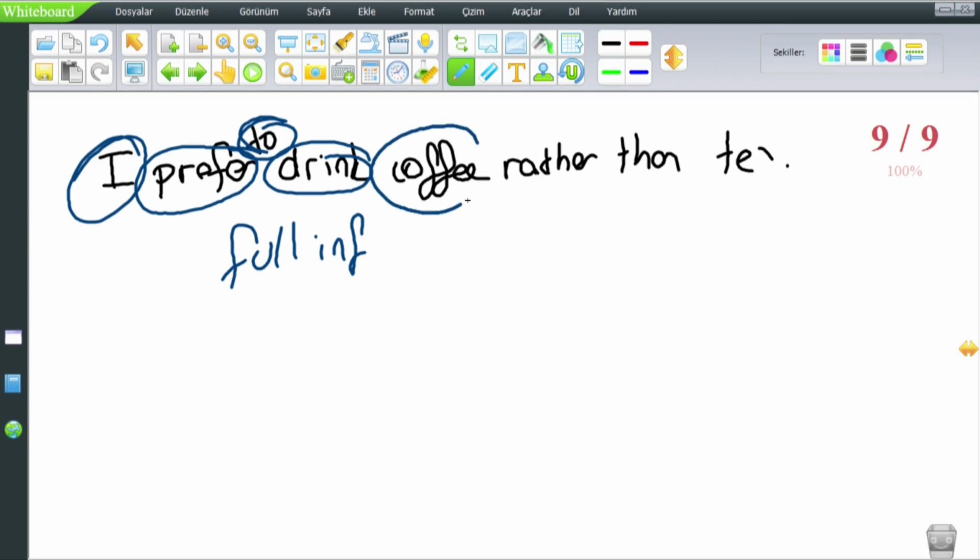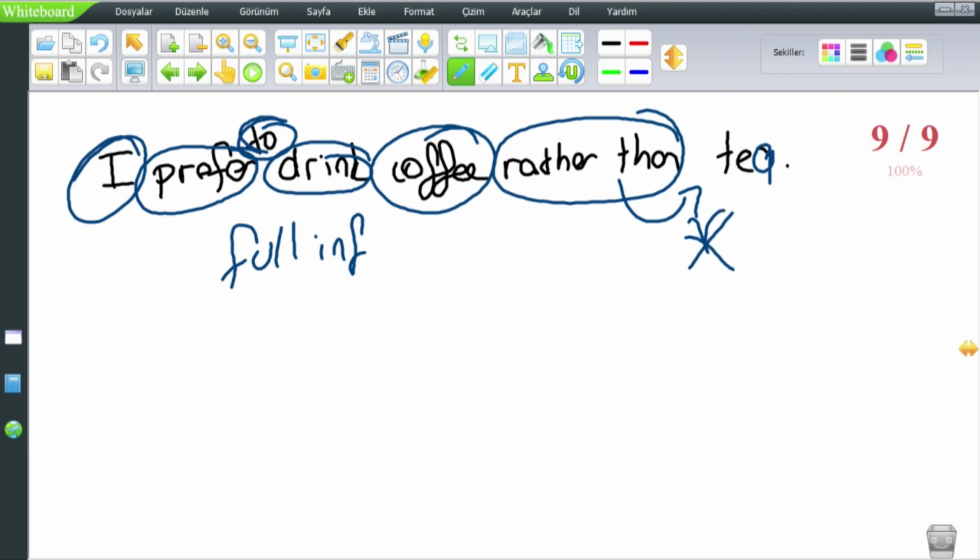Then I have an object, and obviously I am comparing the objects, the nouns actually, because as you can see, after rather than there is no verb form. That's how we understand the verbs are the same, but we are comparing nouns or objects. That's why it's omitted.